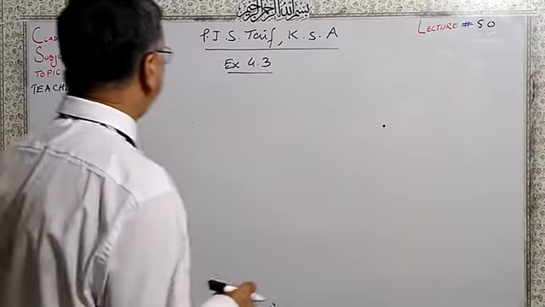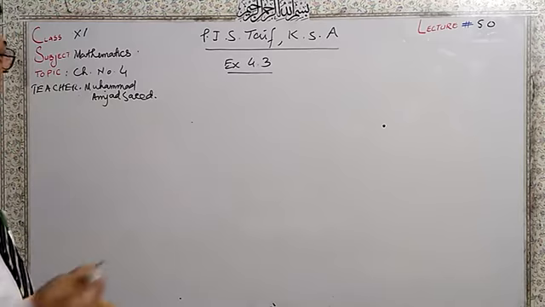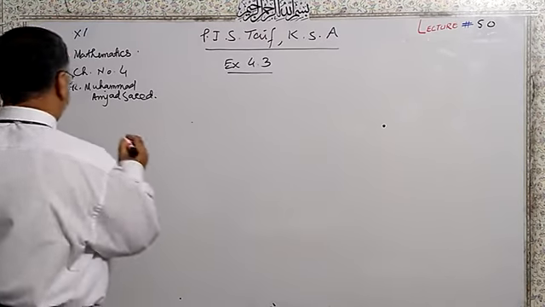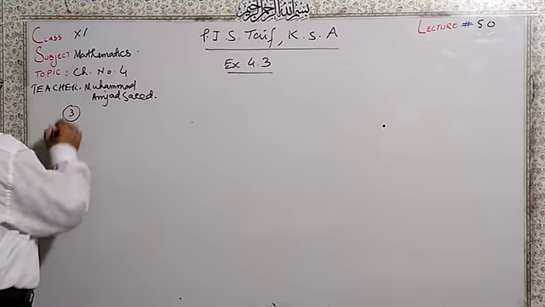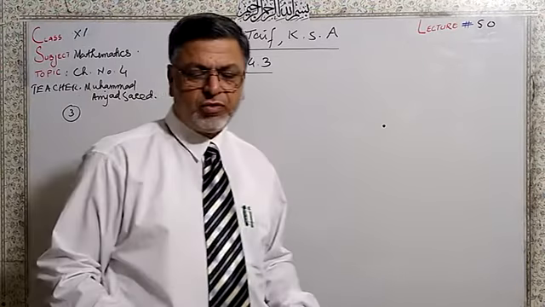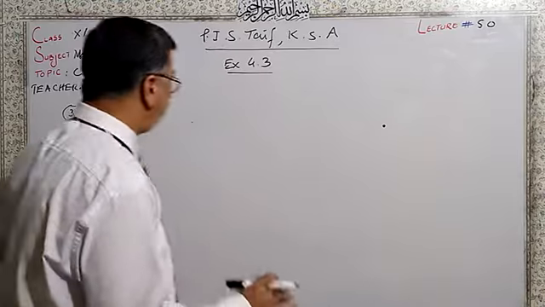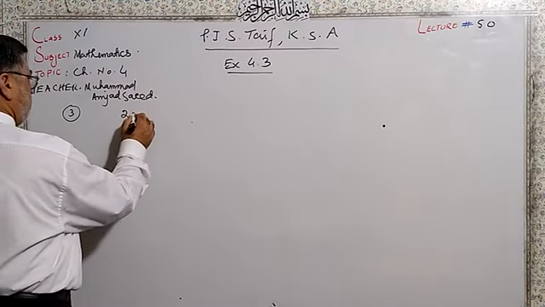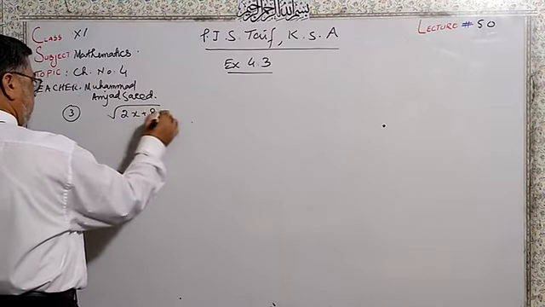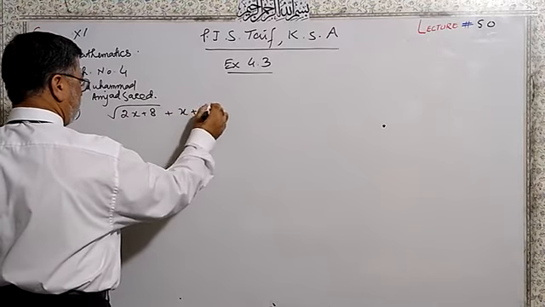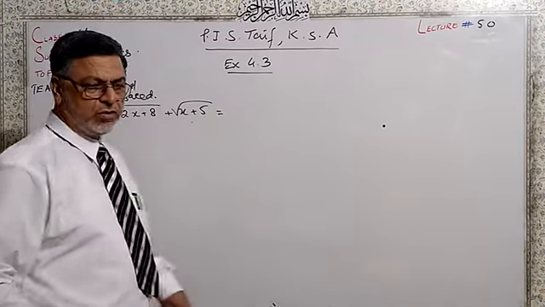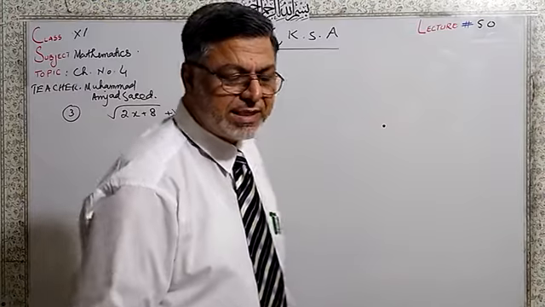So exercise 4.3, question number 3: square root of 2x plus 8 plus square root of x plus 5 is equal to 7.